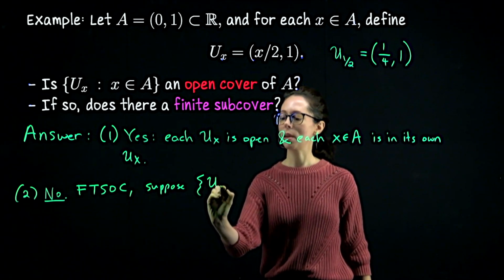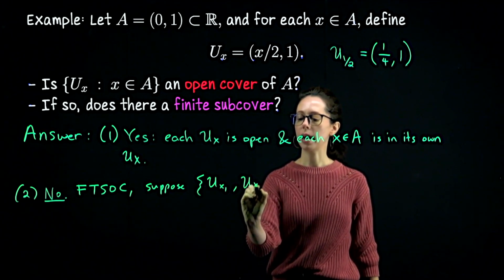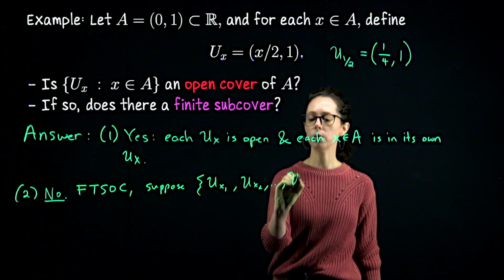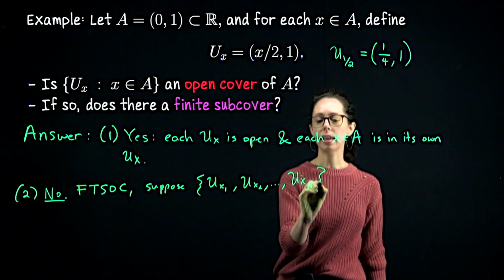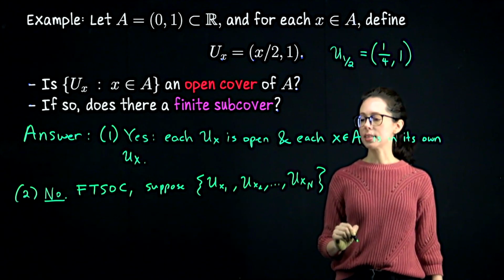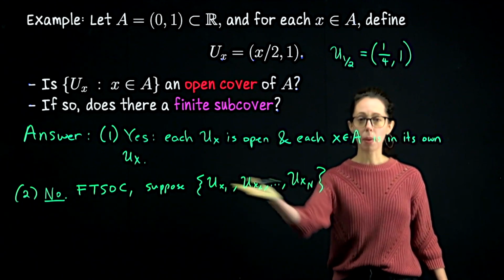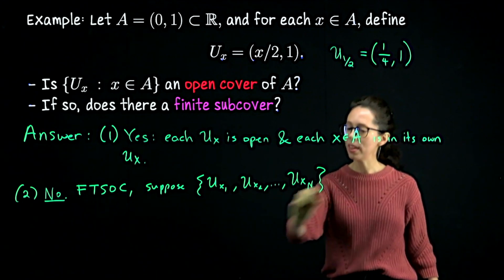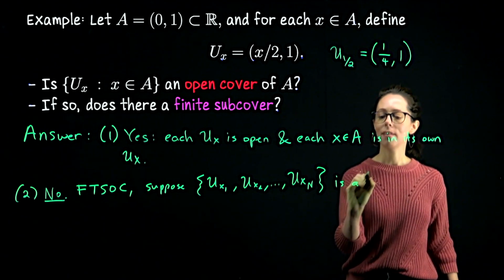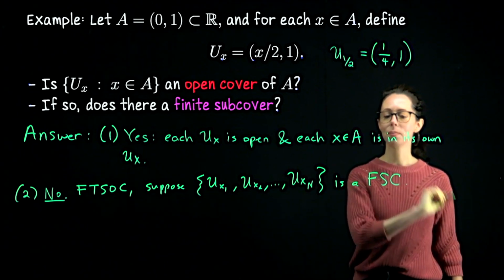So we'll say u sub x1, u sub x2, all the way through u sub xN, where the idea is that I have 1, 2, all the way through capital N, maybe that's 50, members of my finite subcover. Okay, so suppose that this is a finite subcover.